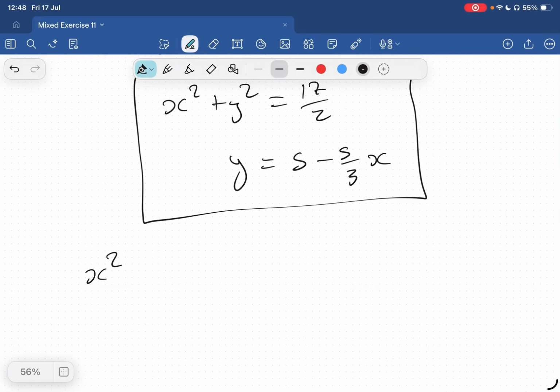So x squared plus (5 minus 5/3 x) squared equals 17 over 2.